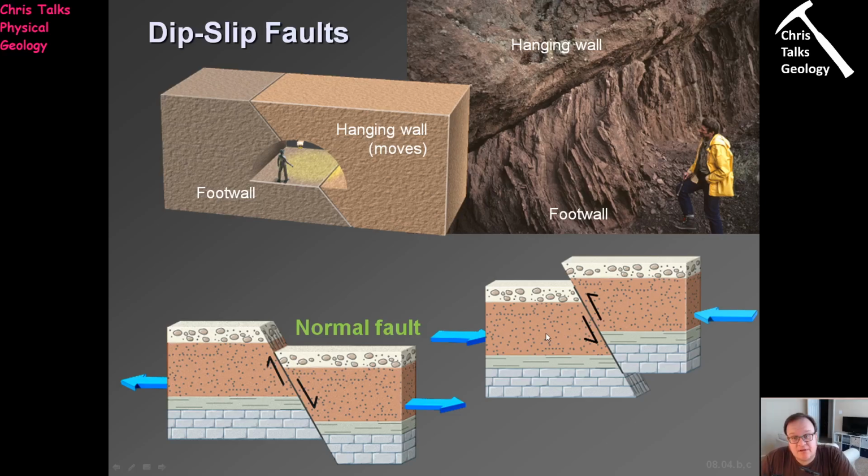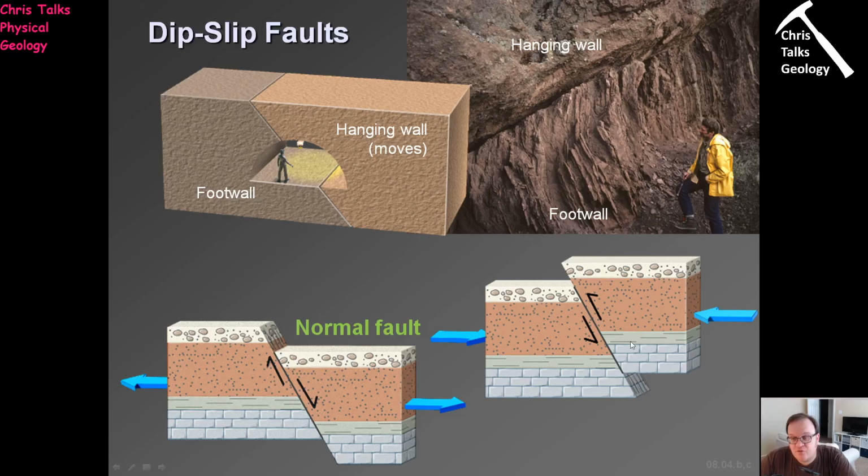So what's happening? Well, you can see, as I said, this block's coming up relative to this block. So this is the hanging wall. This is our footwall. Now, once again, if you imagine that this block is in its starting position, we're going to imagine a distance from this point here to this point here. If we imagine that the distance from here to this point would probably be somewhere about here, wouldn't it? Where the tip of the pointer is.